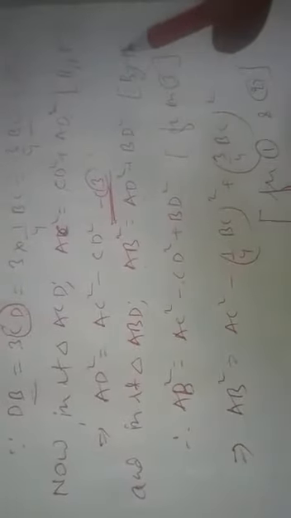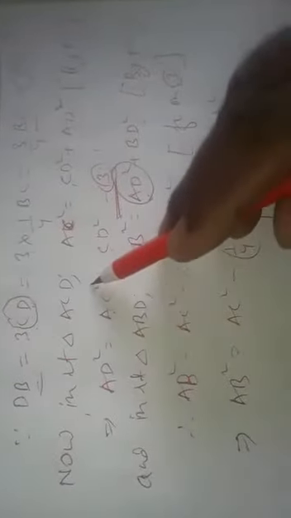Now again we will take right triangle ABD. In right triangle ABD, we see that AB is the hypotenuse. So again we can write that AB square is equal to AD square plus BD square, by using the Pythagoras theorem. But in equation number 3, we have obtained that AD square is equal to the difference of AC square and CD square.